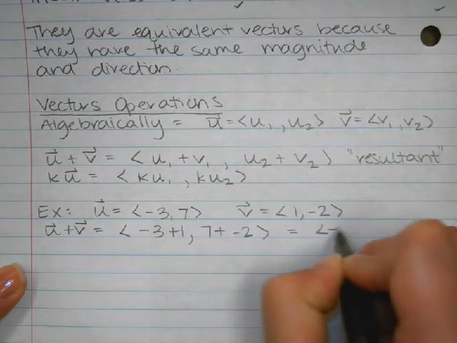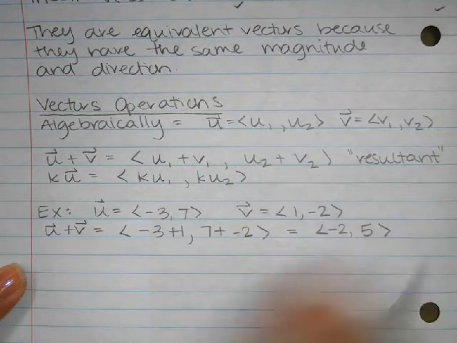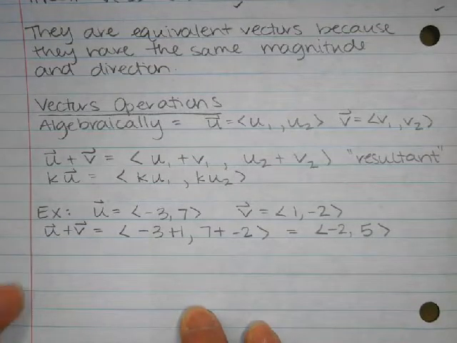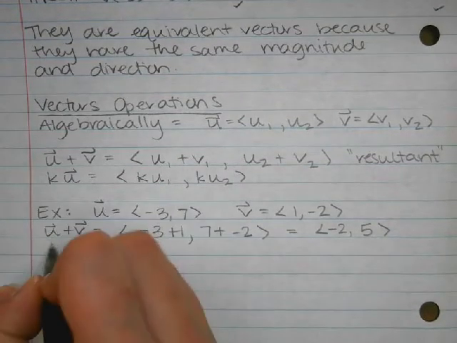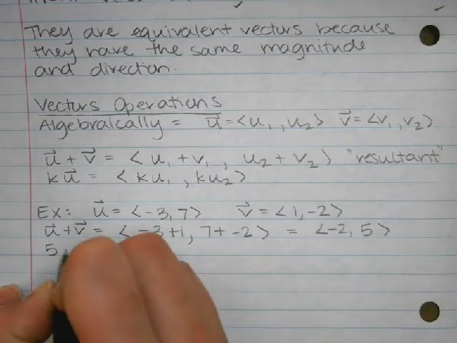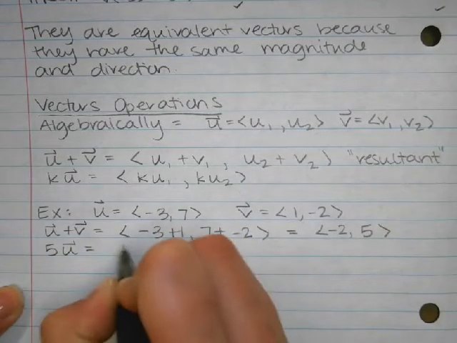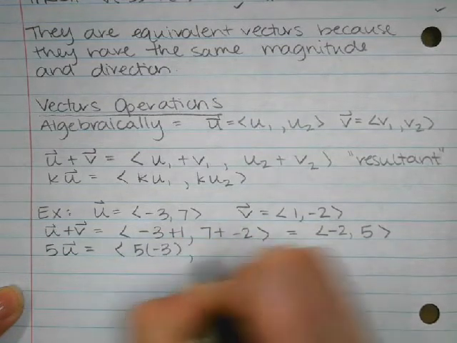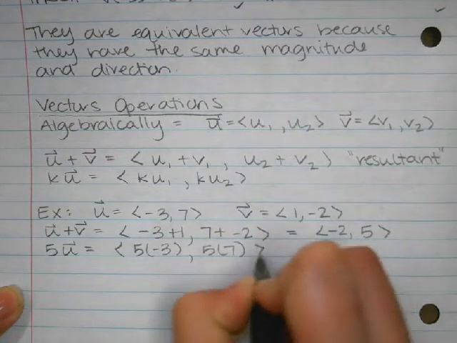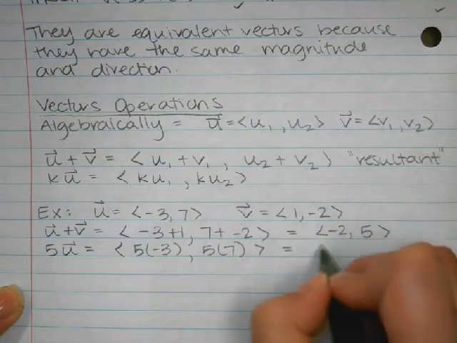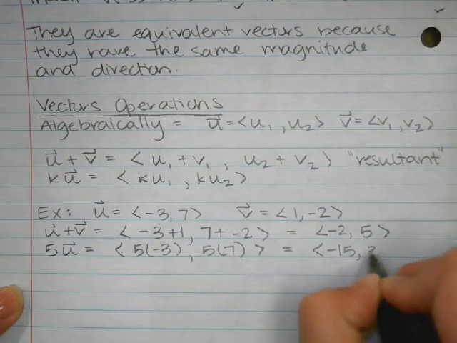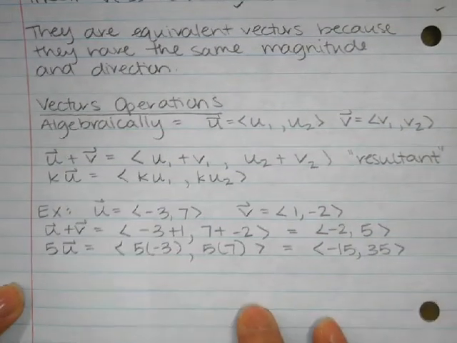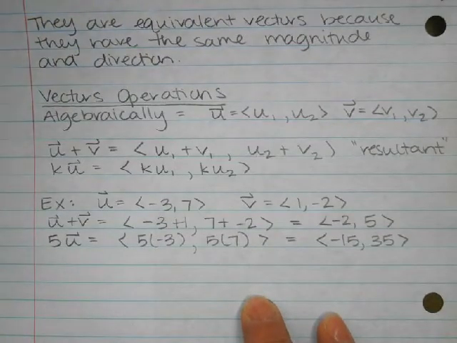So that would be -2, 5. Or we can do that scalar multiplication there. So if I wanted 5 times u, that would be 5 times -3, 5 times 7, and so that vector would be -15, 35.